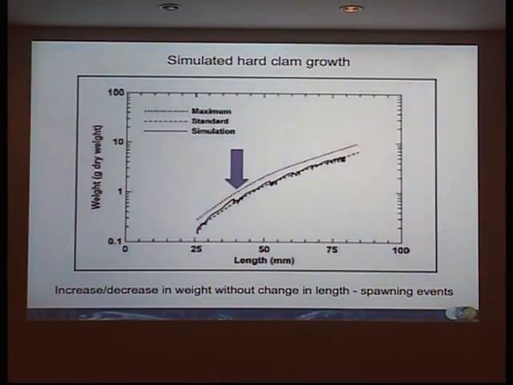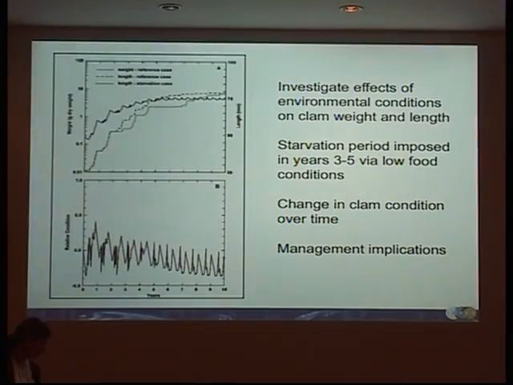Okay, so how do you do something with this kind of model, or how would you use it in the context we're talking about here? Well, we can look at the effects of environmental conditions on clam weight and length. This is a simulation up here, the dashed line is clam length, this is weight, and this is a sensitivity simulation that was run with a period of starvation imposed in years 3 to 5.